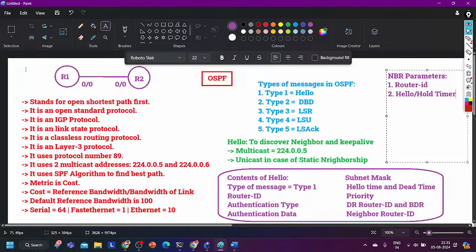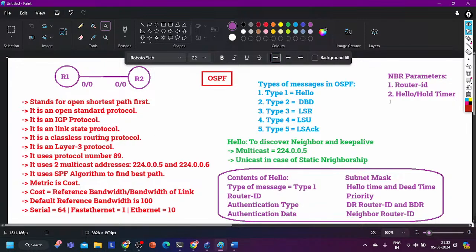Let's say the hello time on router number 1 is 10 seconds and the hold time is 40 seconds. The same hello time and hold time should be configured on router number 2 also. Then only will OSPF form a neighborship.